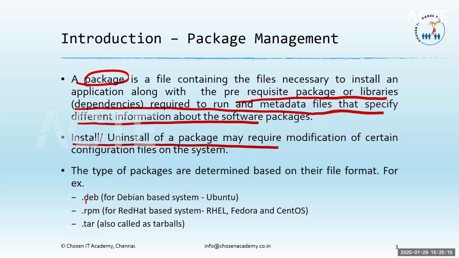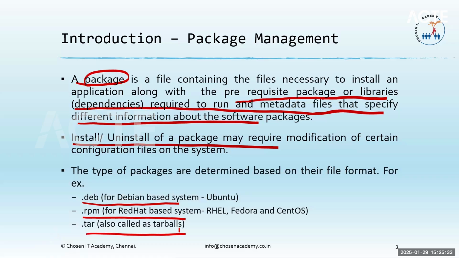So there are three kinds of packages. One is the .deb package for Debian-based systems, and .rpm package for Red Hat-based systems. Red Hat, Fedora, and CentOS all use RPM. And yesterday we had seen the tar file.